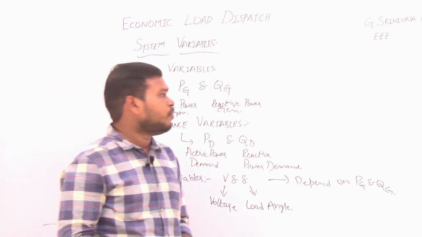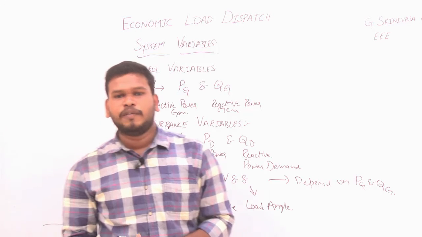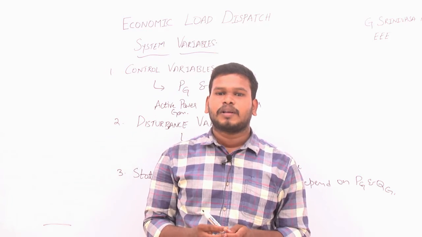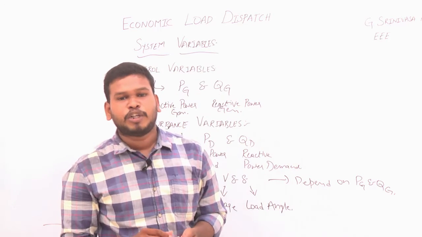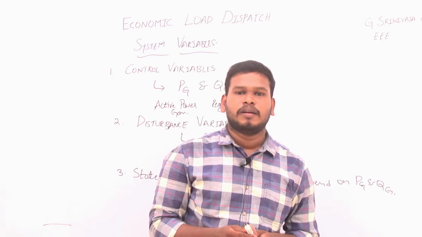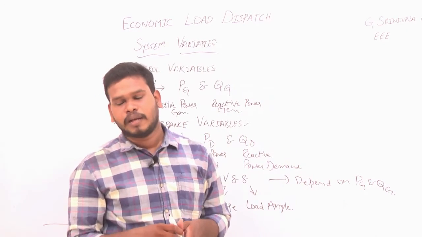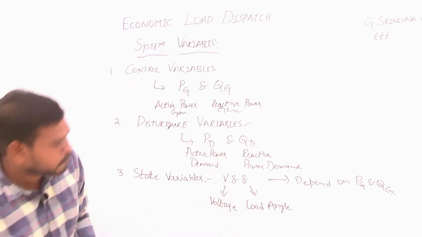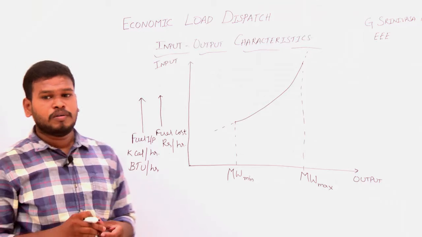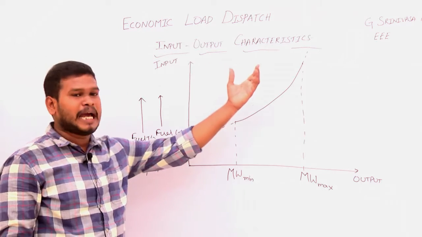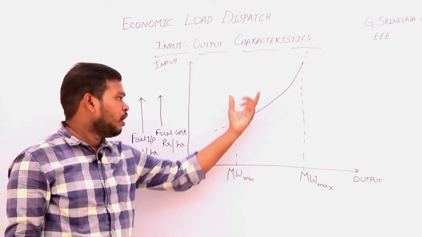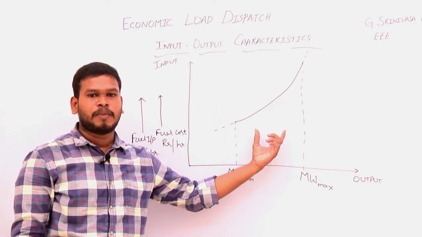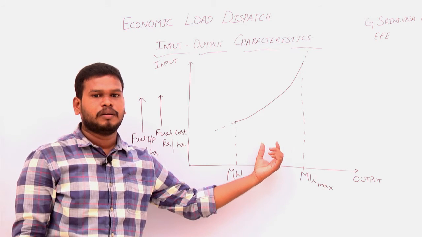Right? So now we are going to discuss the input output relation of a thermal power station. So this is how the input output characteristics of a normal thermal power generator will be. Right?